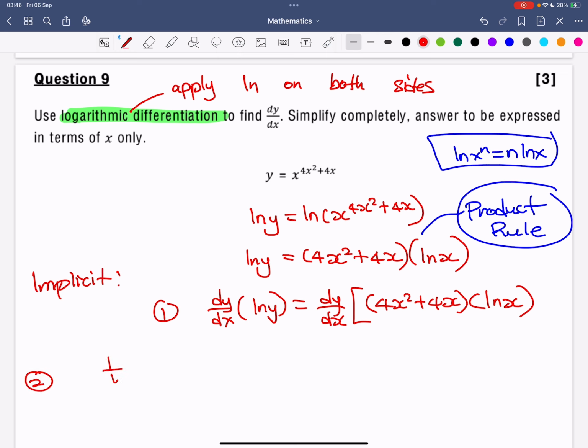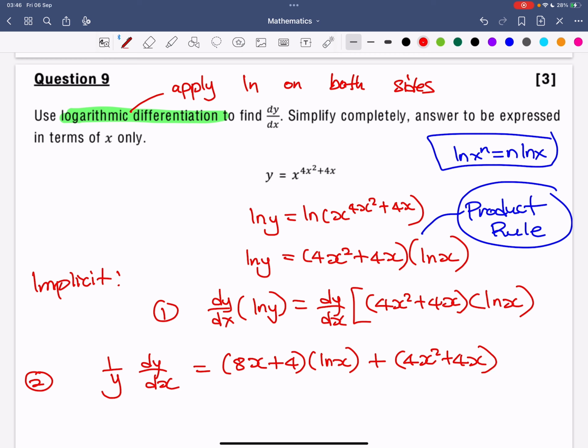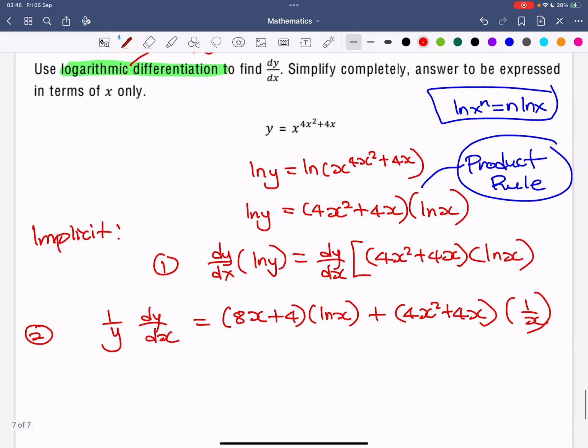So this is 1 over y dy over dx, and then equals, we need to use the product rule there. So this will become 8x plus 4 multiplied by ln of x, plus 4x squared plus 4x multiplied by 1 over x. So we have actually derived this part.